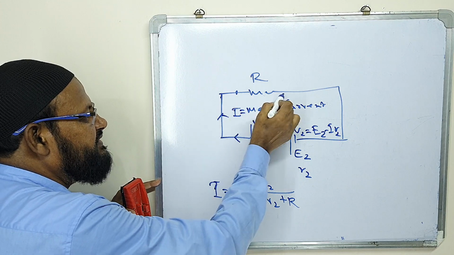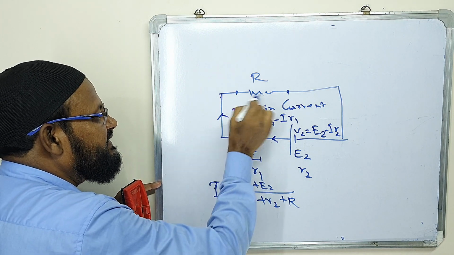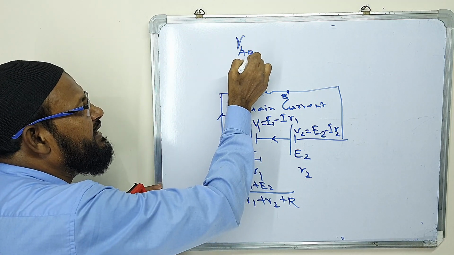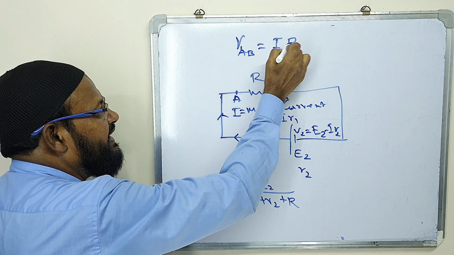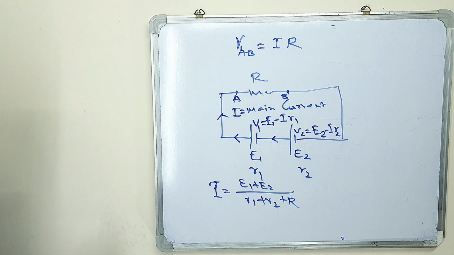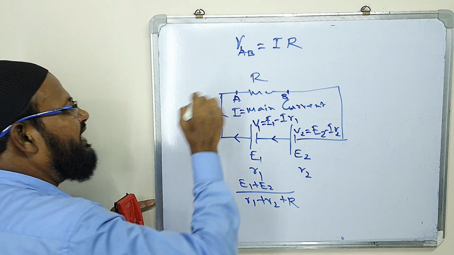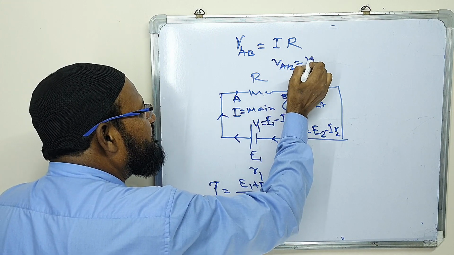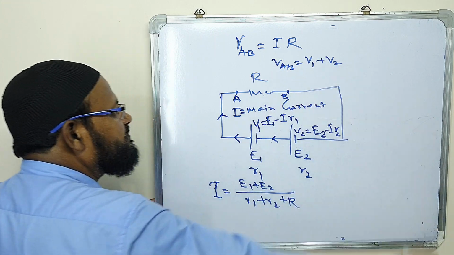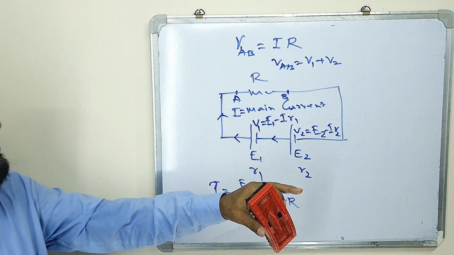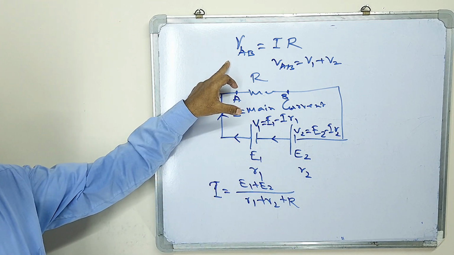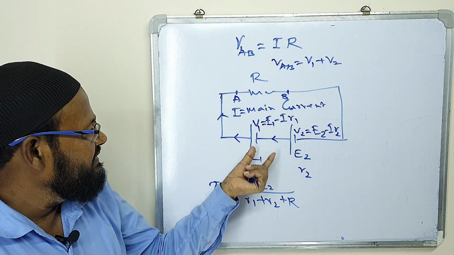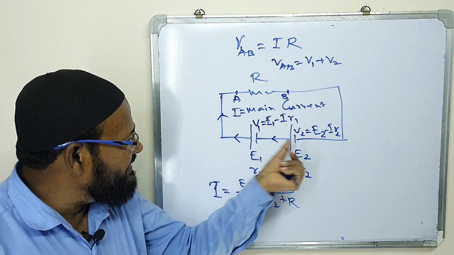Here is the potential difference; suppose this is A and this is B. So here VAB equals I into R. This is one formula. Another formula: VAB equals V1 plus V2. Be careful. VAB equals I into R, and that VAB is equal to V1 plus V2.